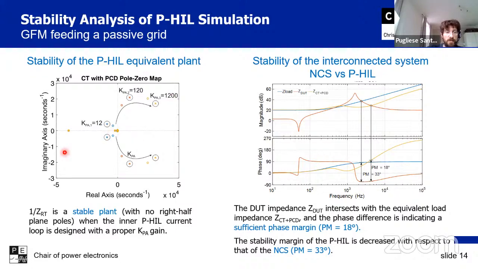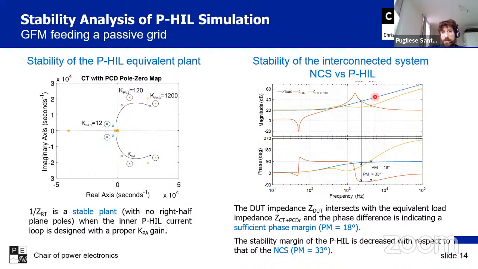So we have to first fulfill this stability condition, and then we can study the stability of the interconnected system. I already said that we can study using the Nyquist criteria, or we can study it using the Bode equivalent representation. So what we have plotted here is the impedance of the device under test, which is the one in red, of a grid forming converter, which is controlling the voltage at the point of common coupling.